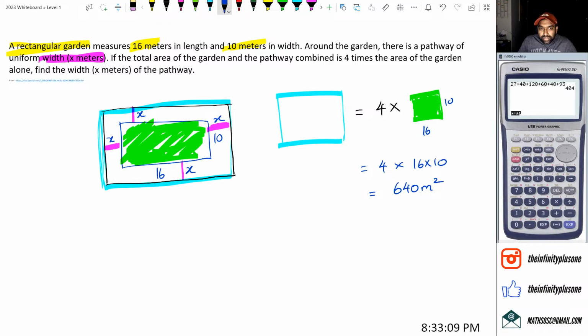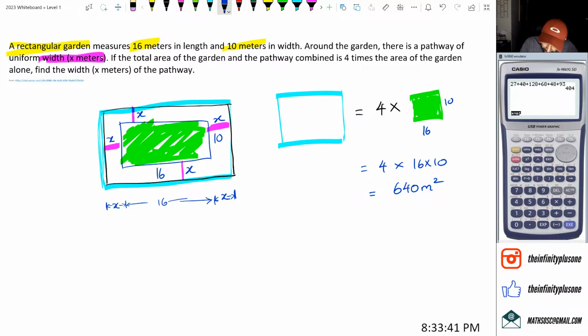Okay, so we've got the area of the blue rectangle, but we need to come up with the equation for the rectangle for the base and the height. If you look at the base, we've got x from there to there, then we've got 16, and then we've got another x. I hope you guys can see what's happening there.